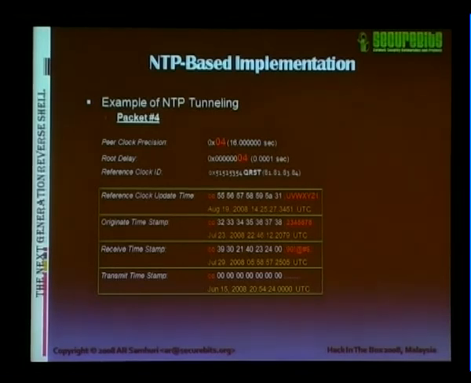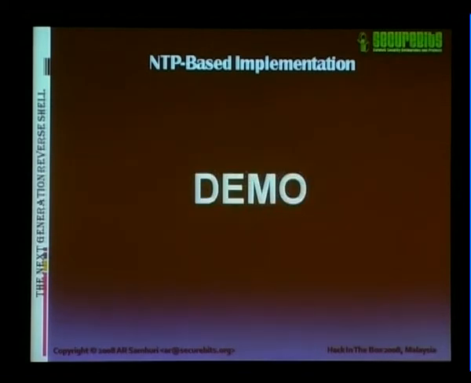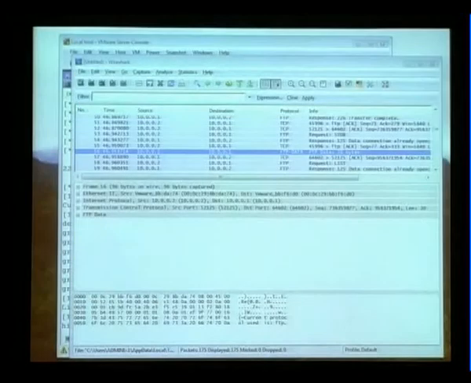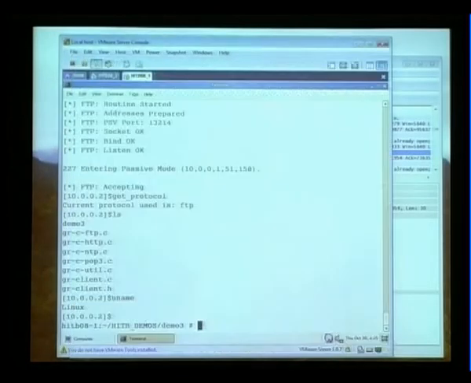You can see the timestamps show actual, real times. The second packet will carry another portion of the data, the third one the same, and the fourth one. And with this, we have transferred all the data using the NTP tunnel.